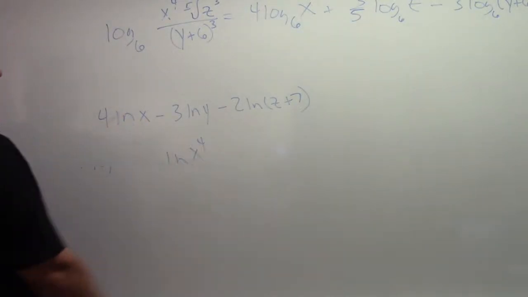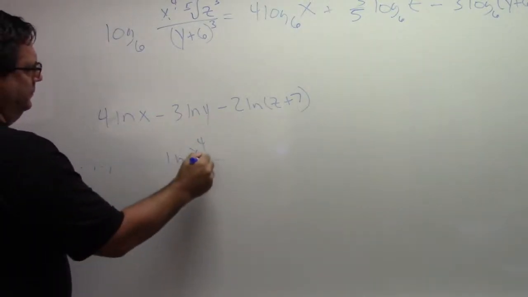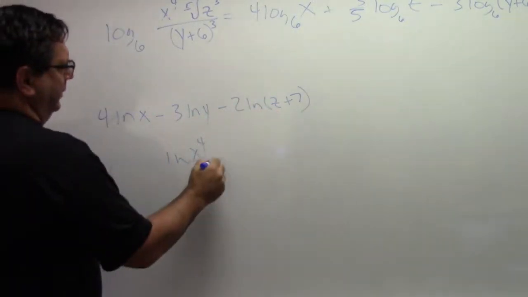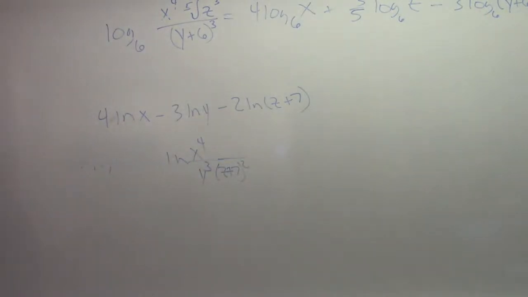X is positive, so that's to the 4th. This is negative, so that goes on the bottom. This is negative, so that goes on the bottom. Okay.